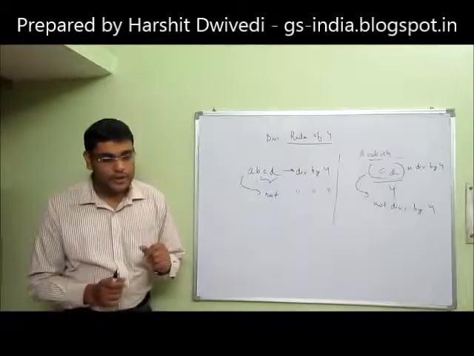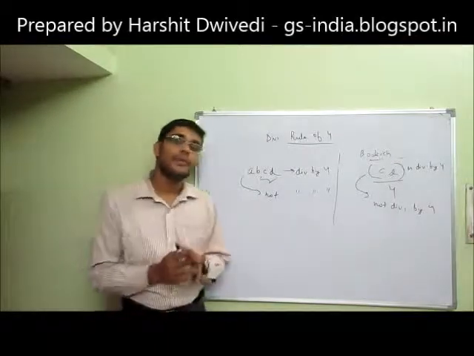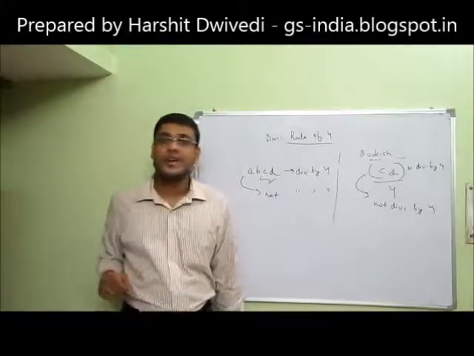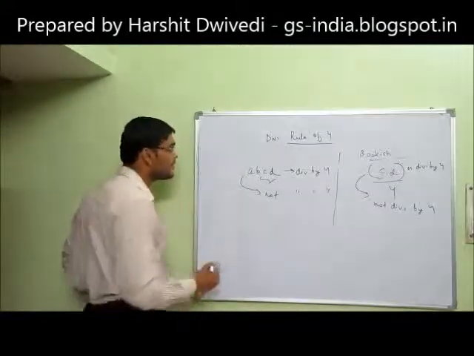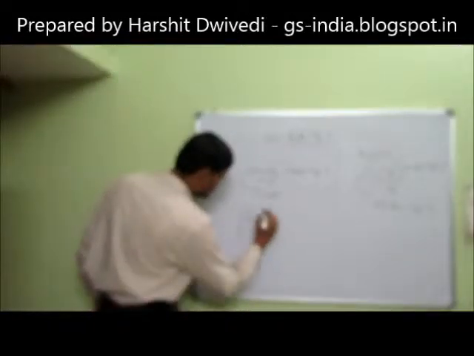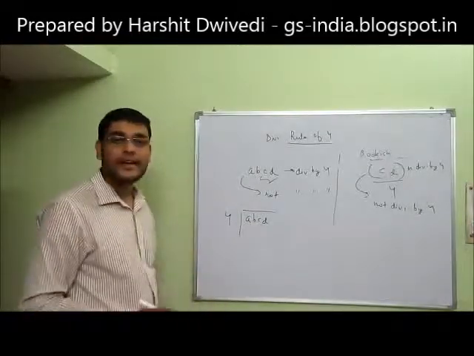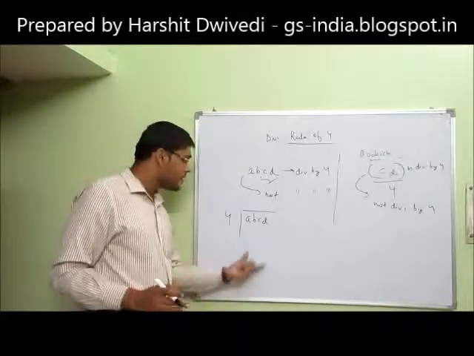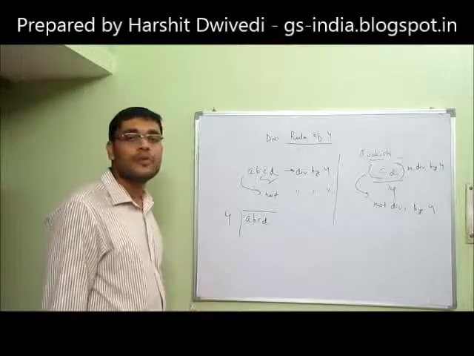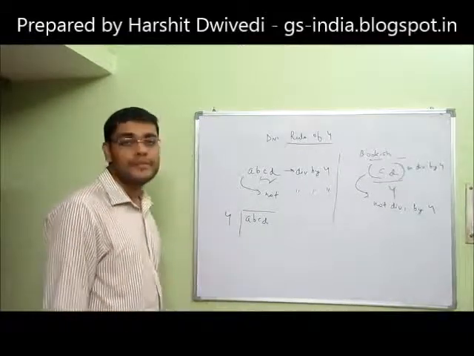And in this way, you can also say that if there is a 4-digit number and you want to find out what will be the remainder when that number is divided by 4. Suppose this is the 4-digit number ABCD, and I divide this ABCD by 4. If this ABCD is not divisible by 4, then automatically it will leave some remainder.